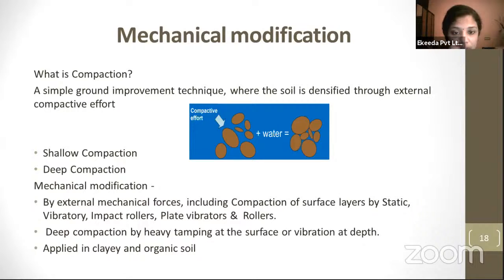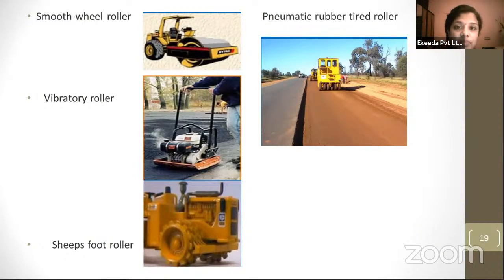Okay, in the figure you can see what is the effect of compaction. After the compaction, the water will get expelled and we can see how the voids are eliminated and how the soil gets densified. Now these are the equipments used for compaction.